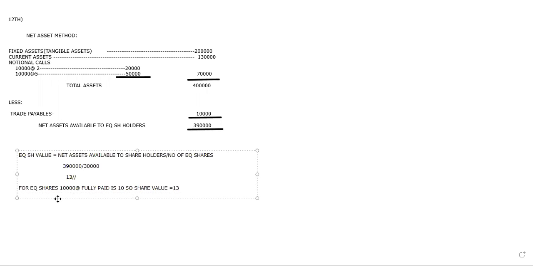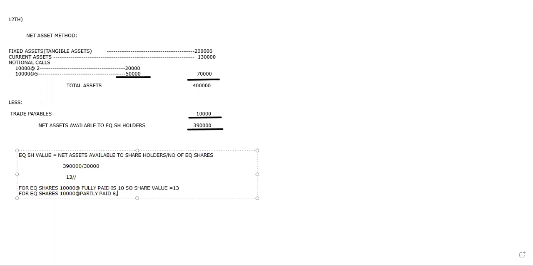Is it okay? Whereas for equity shares of 10,000 at the rate of partly paid, how much is the partly paid here? It's only 5 rupees, no? No, sorry, 8 rupees they have paid. So 8 rupees.